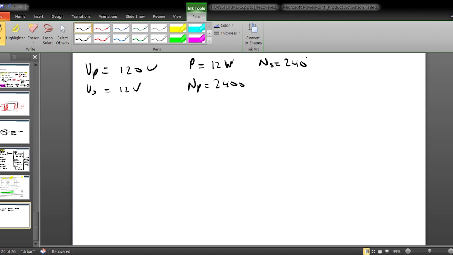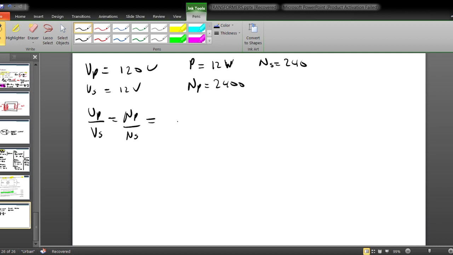Alright, there's a formula that I want you to bear in mind. And you'll see that all I did was add on current to the formula. So it's VP divided by VS is equal to NP divided by NS.